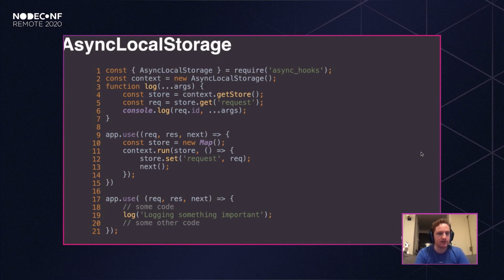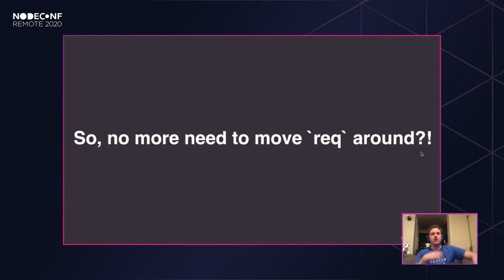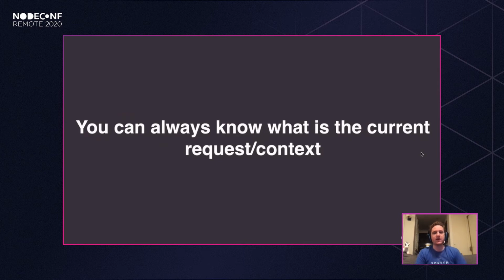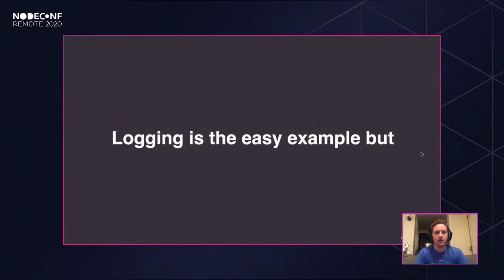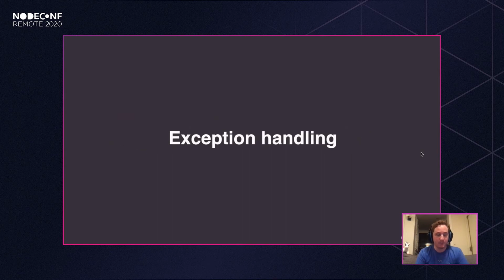And now on line 19, we can just call log and it will log the things properly as it was bound to the HTTP request. So no more need to move request around, right? You can always know what is the current request context, which is actually pretty cool because you can make your code less verbose. But logging is just an example.